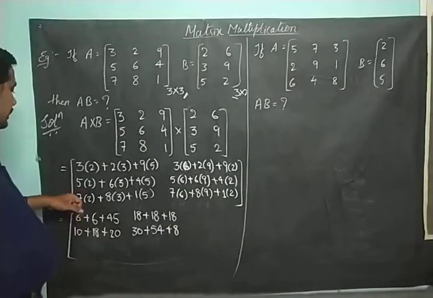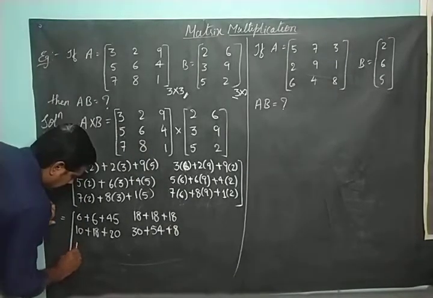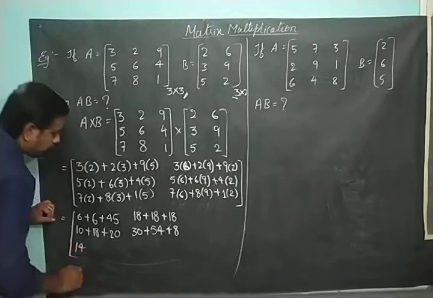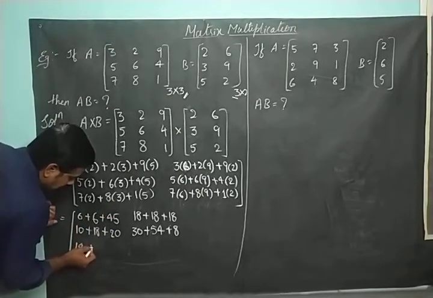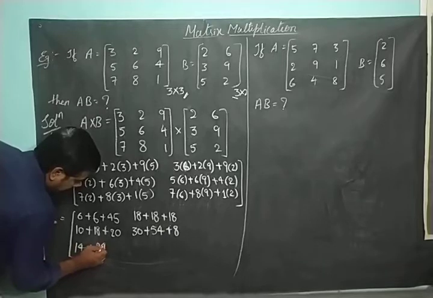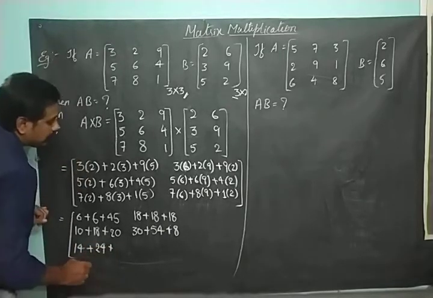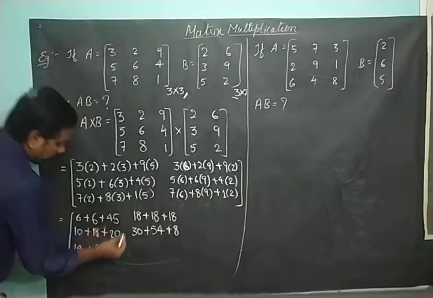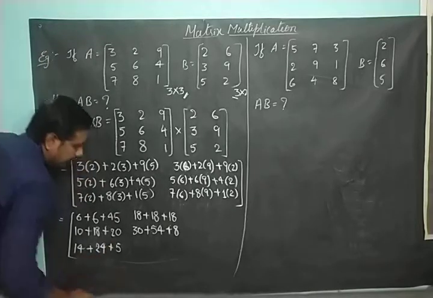Okay. 7 into 2 is 14, 8 into 3 is 24, then 1 into 5 will be 5.